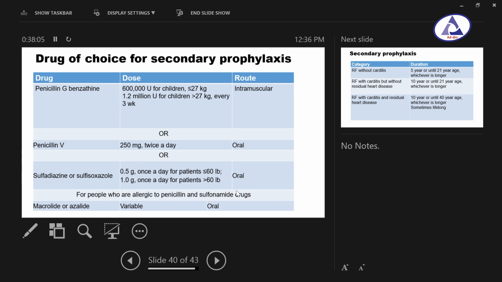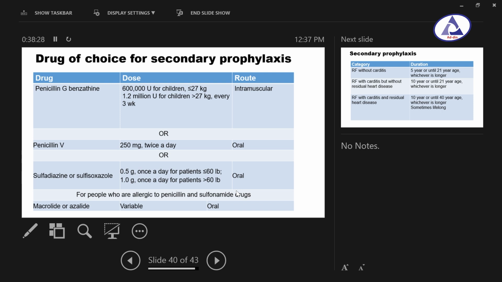Now the dose. Dose is 6 lakh international units for children less than 27 kg. If the child is more than 27 kg, 1.2 million units every 3 weeks, at a 3-week interval, okay? Or 250 milligram twice a day orally.